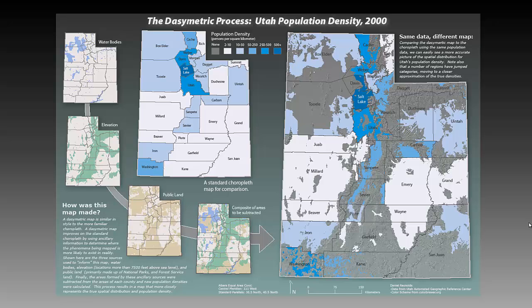Rather than simply displaying the standard population density data per county, as you can see in the middle of the map, he's taken this information and looked at the areas where people are most likely to occur, so where human settlements are. He's excluded water bodies, elevation, and public lands, completed a composite that is subtracted, and then shown with the population density displayed in each polygon.